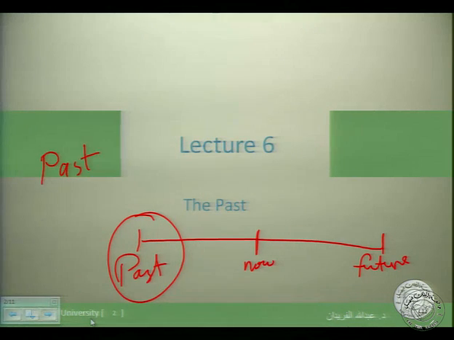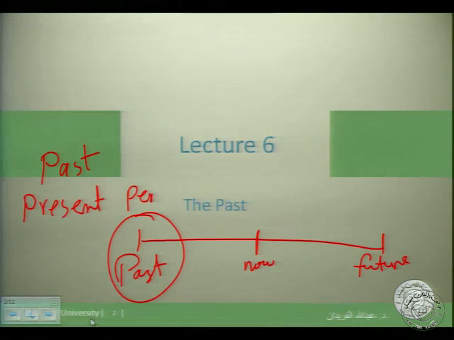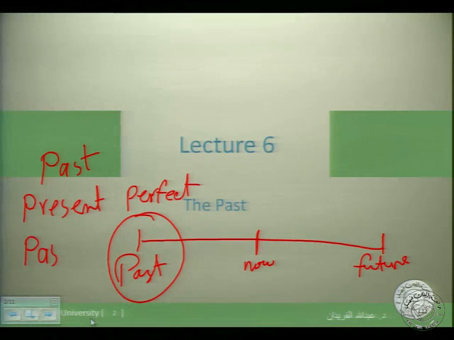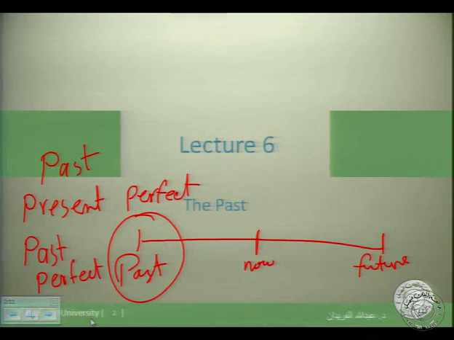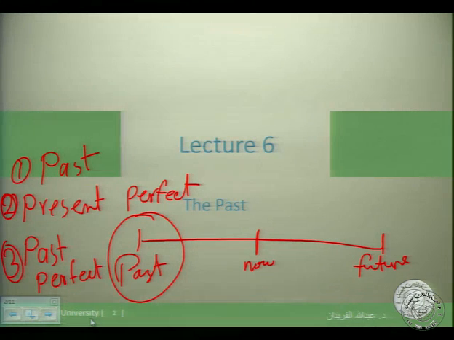So we have the past, we have something called the present perfect, and we have the past perfect. So we have number 1, number 2, and number 3. What is the difference between the past, present perfect, and past perfect?